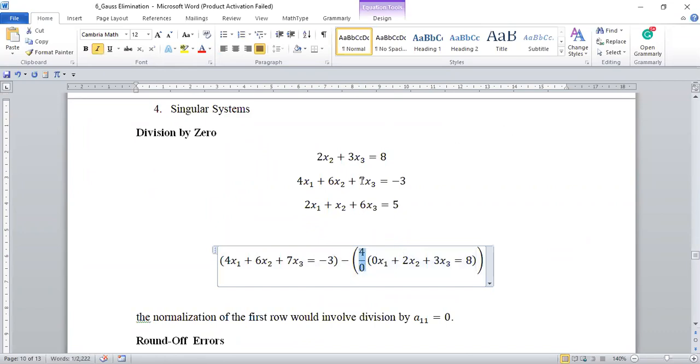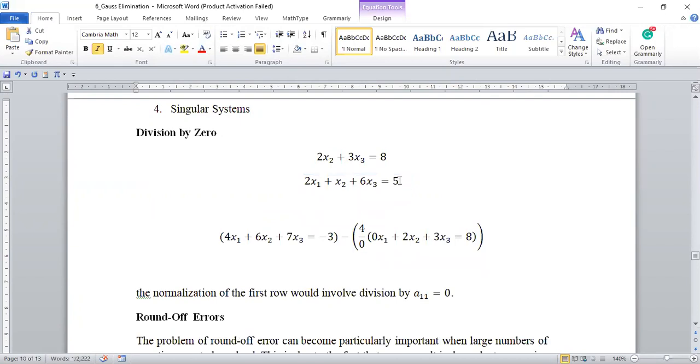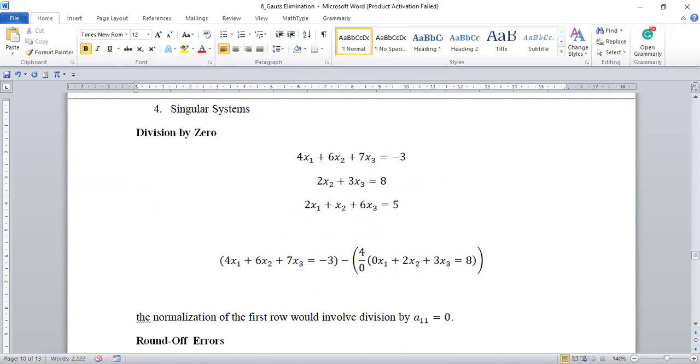So he already answered. His solution, which is the correct solution, is that this is our equation 1, this is our equation 2, and this is our equation 3. If you encounter something like this, you just interchange.